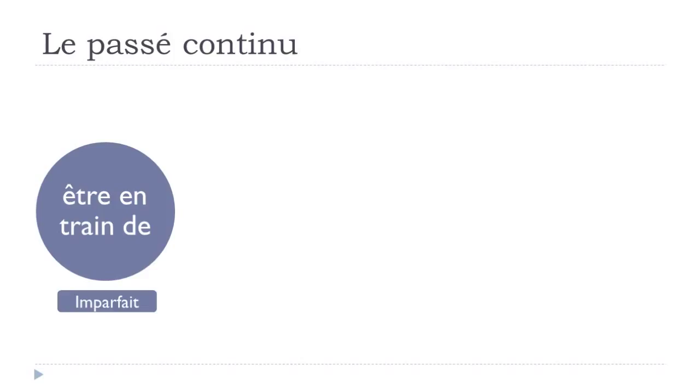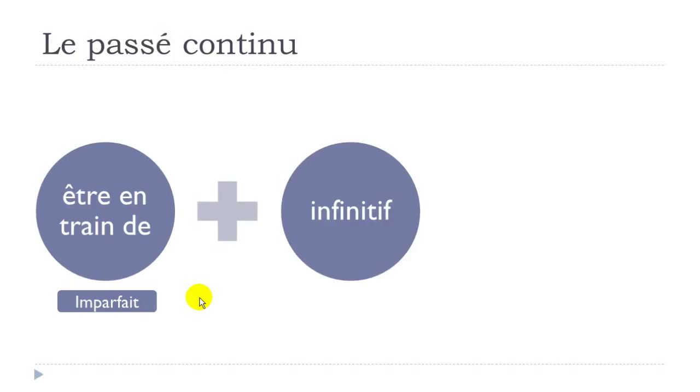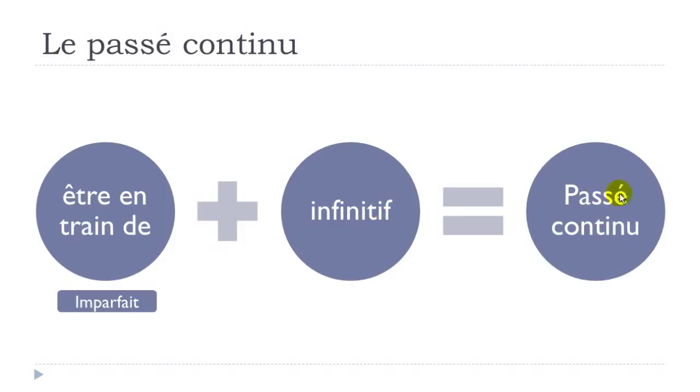But then, in that case, imparfait would be more appropriate, okay? So if you want to use this passé continu concept, then use être en train de, and you use this imparfait, okay?